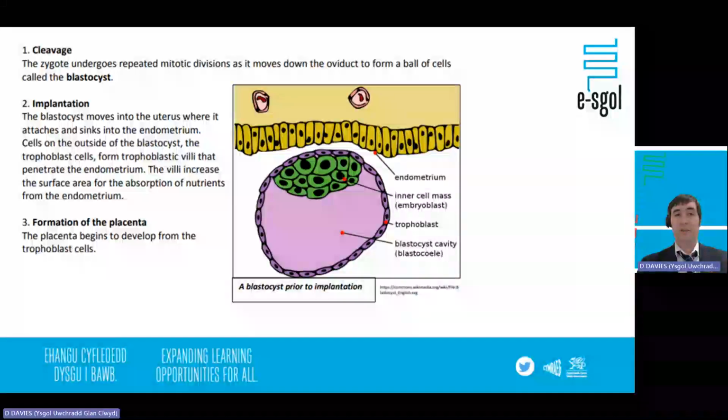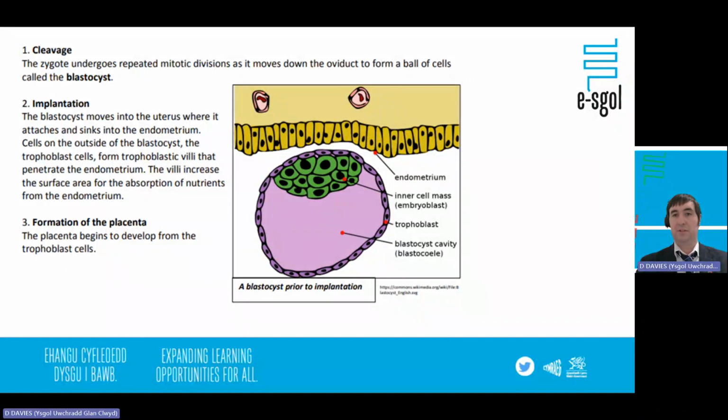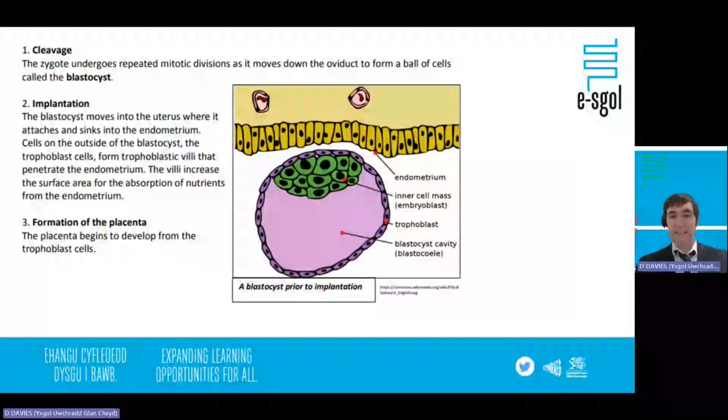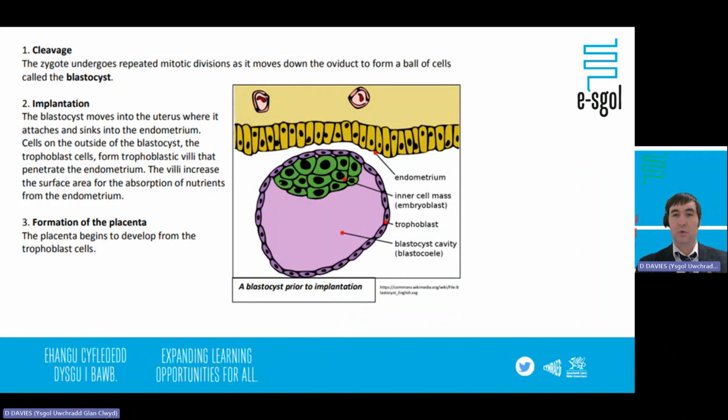Cleavage: the zygote undergoes mitotic division to form a morula and then a blastocyst. So this is a blastocyst. It has an inner mass of cells, then the circle of cells on the outside, the trophoblast, and then a blastocyst cavity. Then it will join into the endometrium wall.